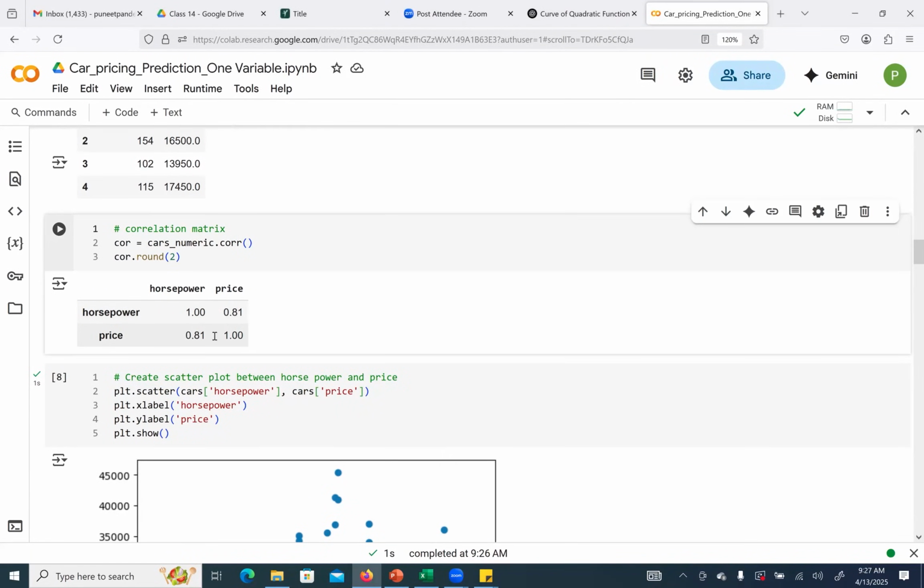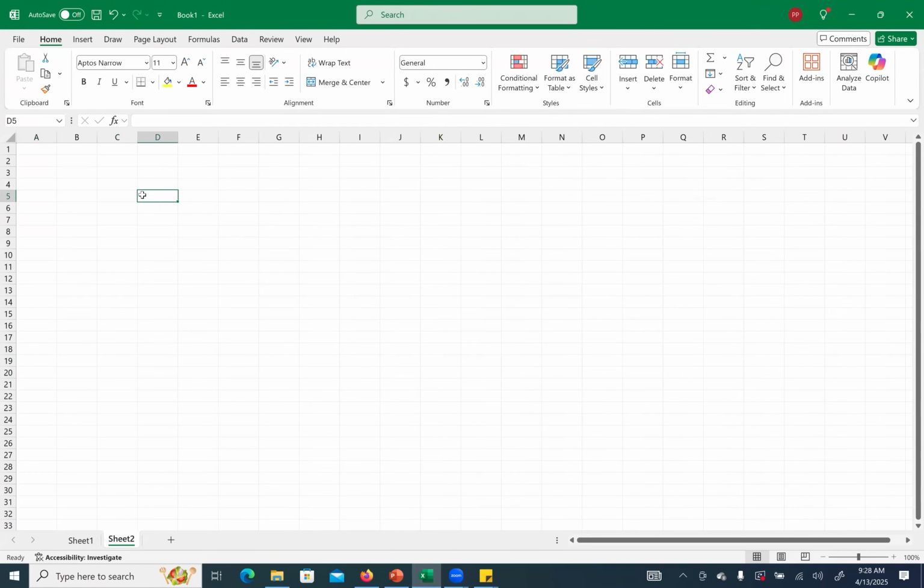Yes, yes. Right. I could have calculated just one value also, horsepower and price, and it would give you 0.81. It's just that I have created it in this format because when you have multiple variables, this format is in general easy to understand. For example, if I have variable 1 and variable 2, I want to find the correlation value, I will take 0.81.